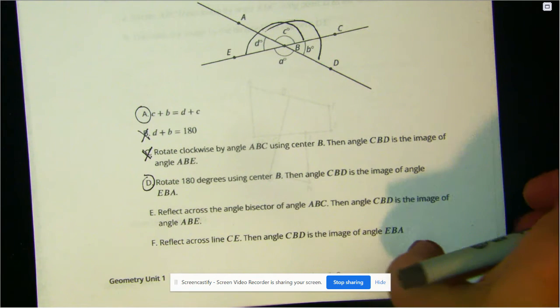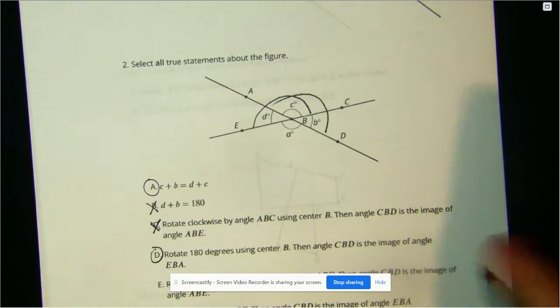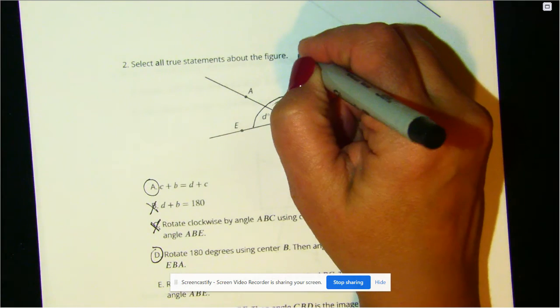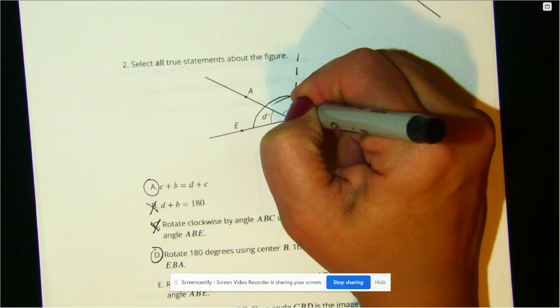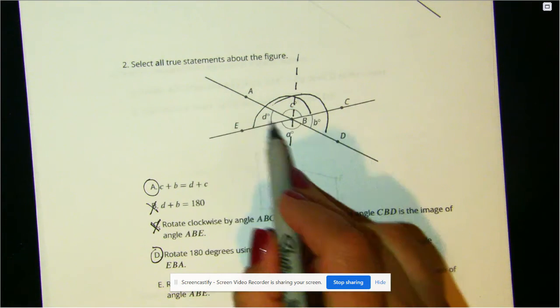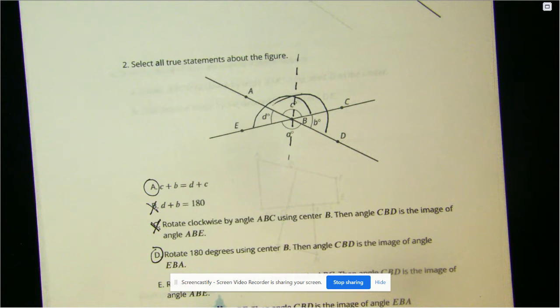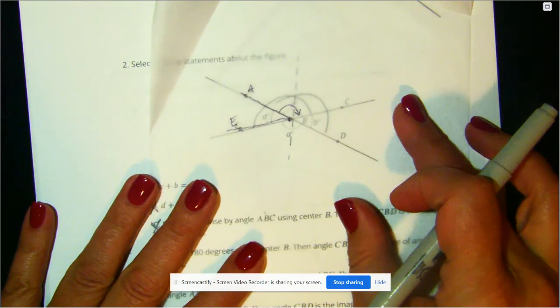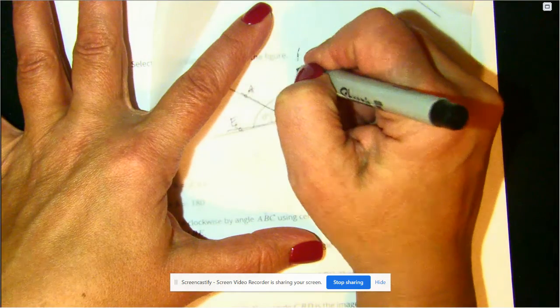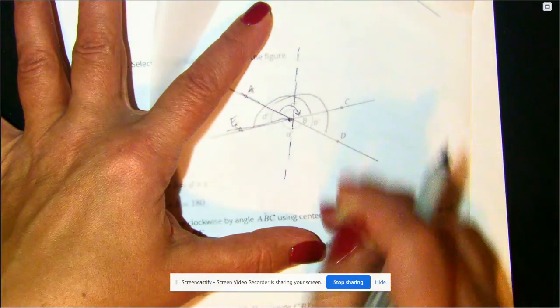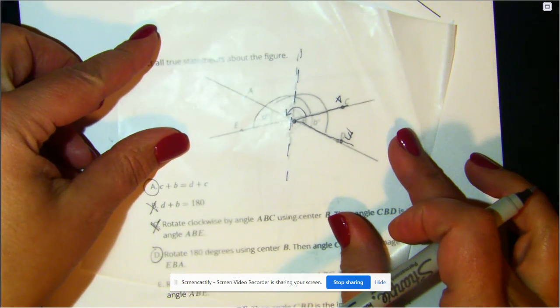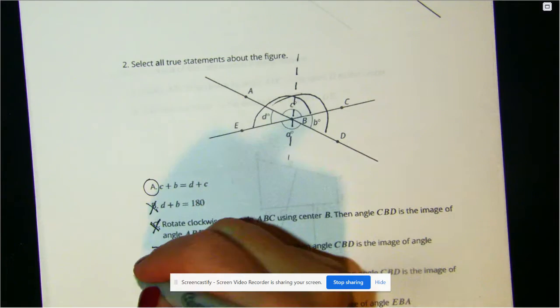Number 4, or choice 5 actually. Reflect across the angle bisector of angle ABC. So the angle bisector of ABC would be somewhere around there, cutting this angle in half. It says then angle CBD is the image of ABE. So back to that angle right there, and I'm going to reflect across this. If I flip my paper over that, yep, that works.